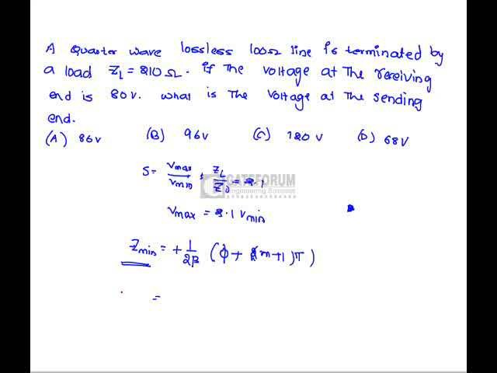So the maximum is occurring at the sending end in the case of a lambda by 4 lossless line, hence this is 2.1 into 80, so this is 168 volts Vmax, which is occurring at the sending end, hence option B is correct.